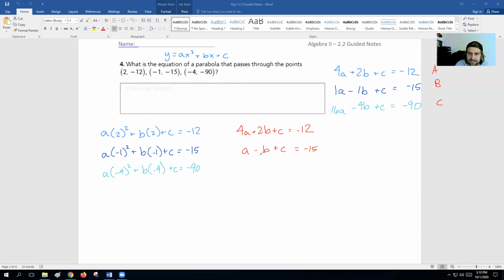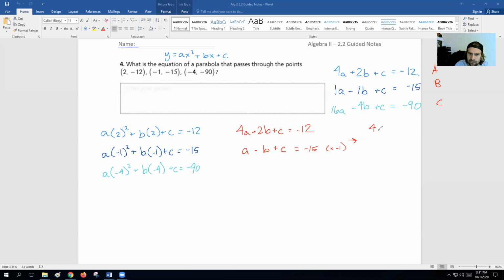Now I don't have any opposites here, but I could multiply the bottom row by 2 and get opposite b's, or multiply it by -1 and have opposite c's. I'm going to get rid of the c's.